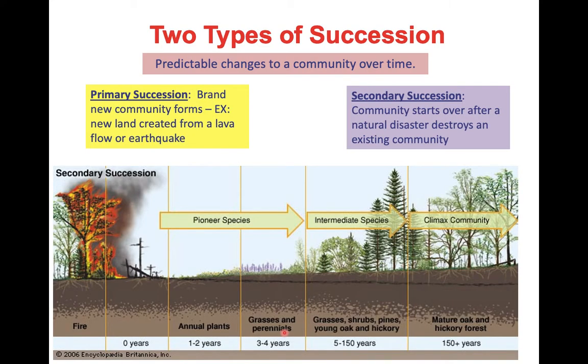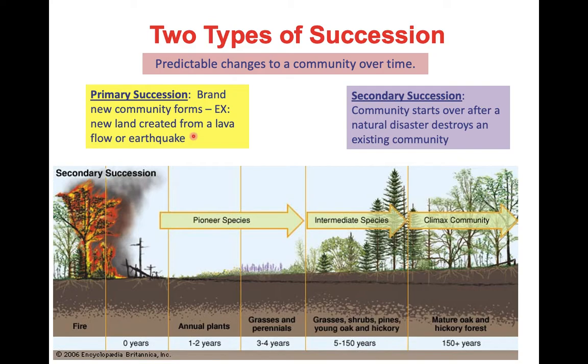All right, so let's look at these two types of succession. We said that succession is a predictable change to a community over time. Primary succession is when you have a brand new community that forms. For example, there's new land created from a lava flow or earthquake, and it is completely barren.